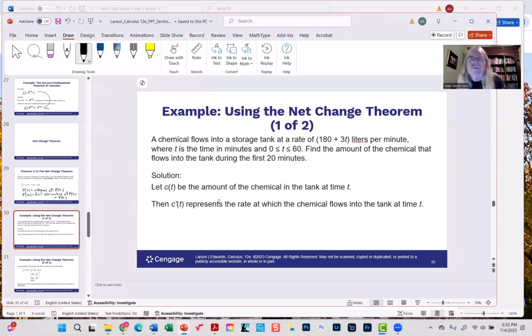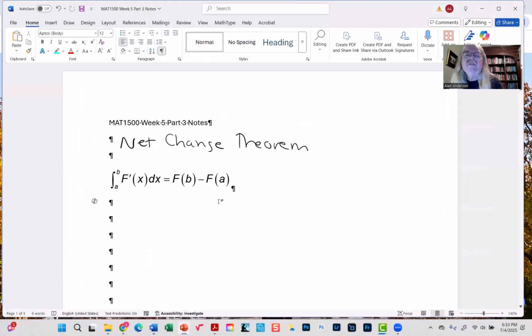A chemical flows into a storage tank at a rate of 180 plus 3t liters per minute, where t is the time in minutes, and the time is restricted to being between 0 and 60. How much flows into the tank in the first 20 minutes? What they're telling us is that we're going to let C of t be the amount of chemical in the tank at a given time.